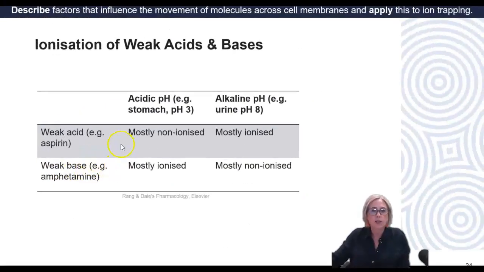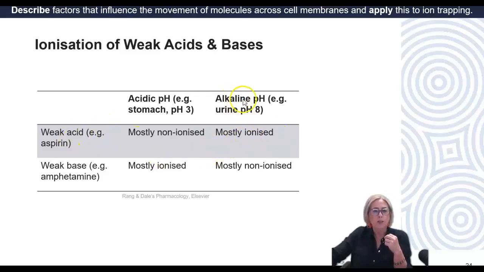So if we just summarize this again, a weak acid, for example aspirin, in an acidic environment is mostly non-ionized, so lipid soluble, and can be absorbed. Whereas a weak base, we had pethidine on the last slide, and amphetamine, which is a weak base, in the stomach will be mostly ionized, therefore mostly water soluble, and therefore not easily absorbed from the stomach.